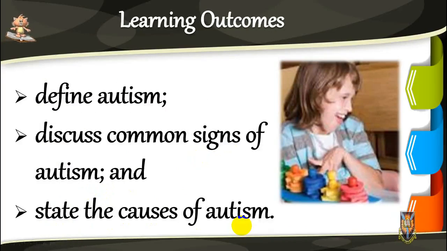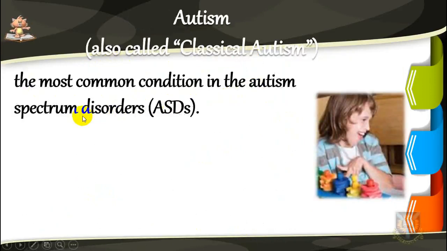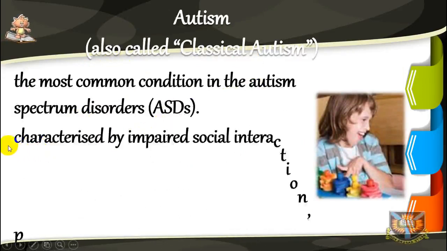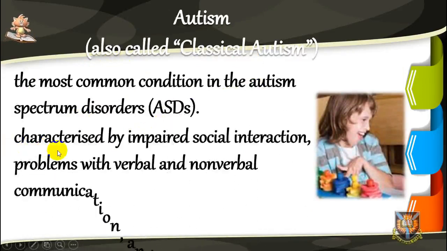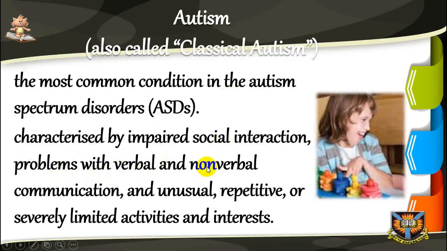Content. Autism, sometimes called classical autism, is the most common condition in a group of developmental disorders known as the Autism Spectrum Disorders, ASDs. Autism is characterized by impaired social interaction, problems with verbal and nonverbal communication, and unusual, repetitive, or severely limited activities and interest.